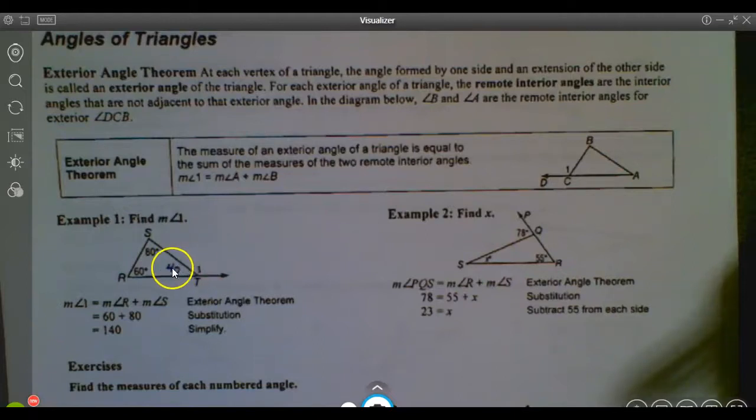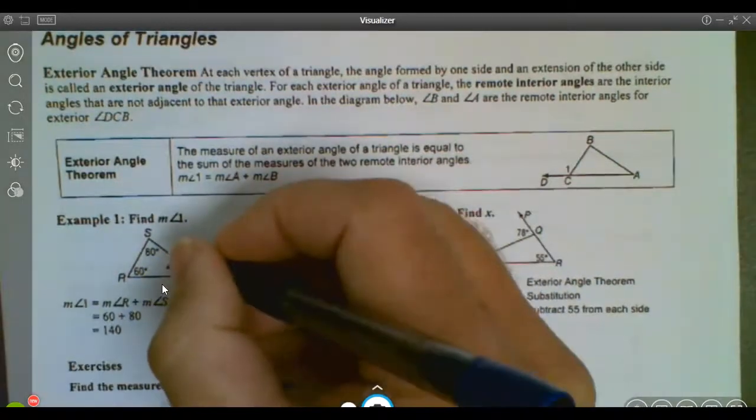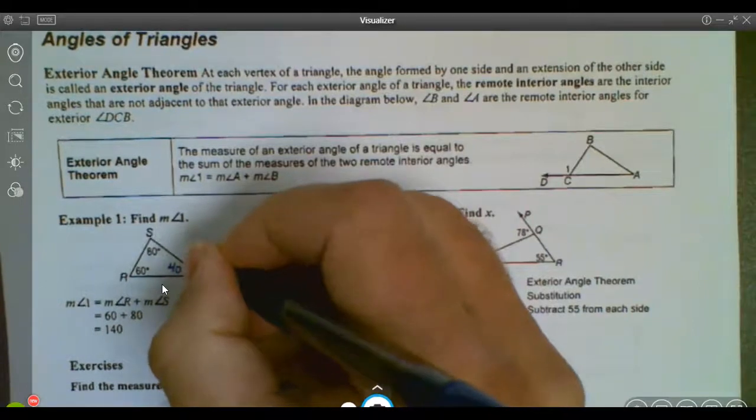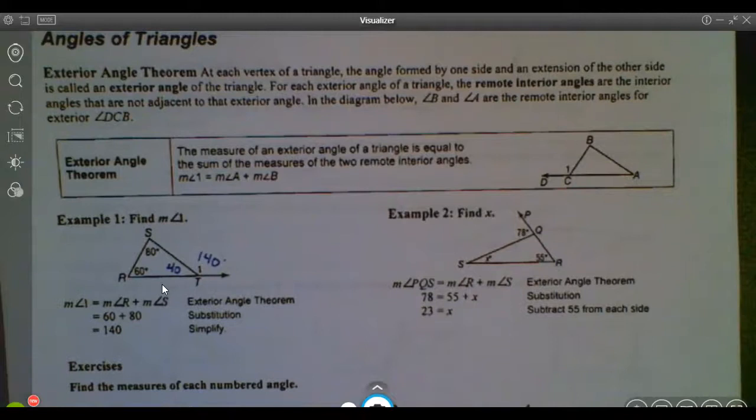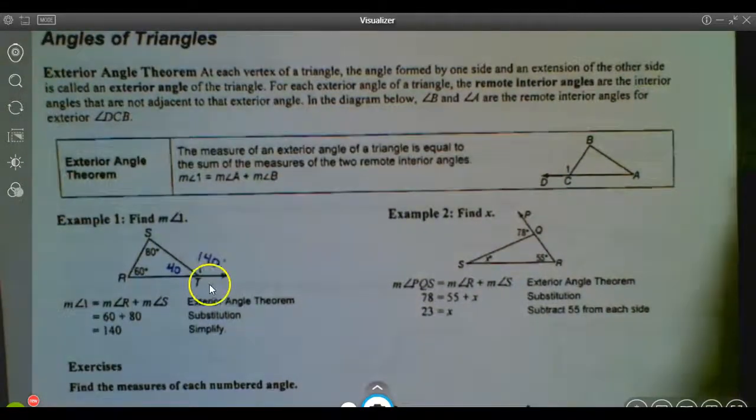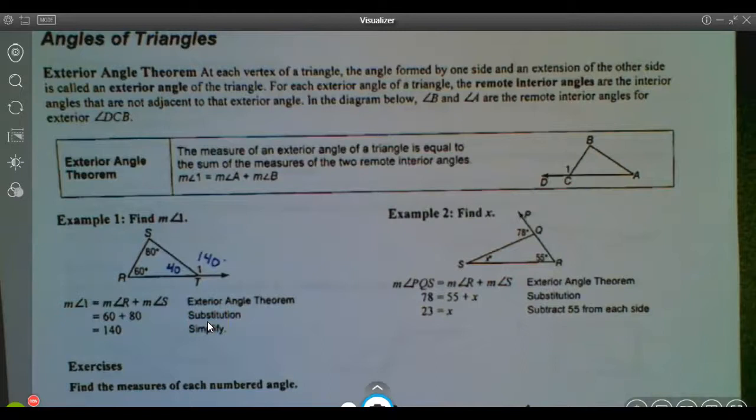Therefore, 180 minus 40 tells me that angle 1 is 140 degrees. So we can use old information to come up with this value. It just takes longer. The exterior angle theorem gets you there quicker, but I do want you to keep in mind this linear pair relationship because that will come up in other problems. So look at example 2.